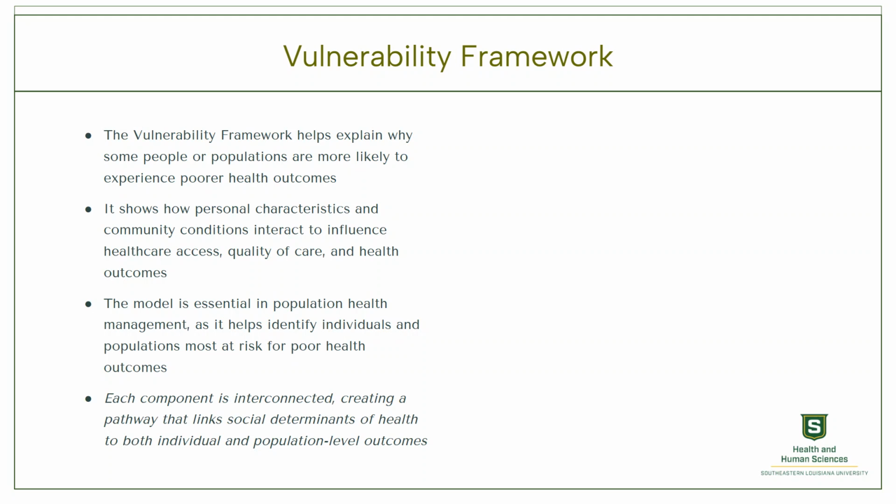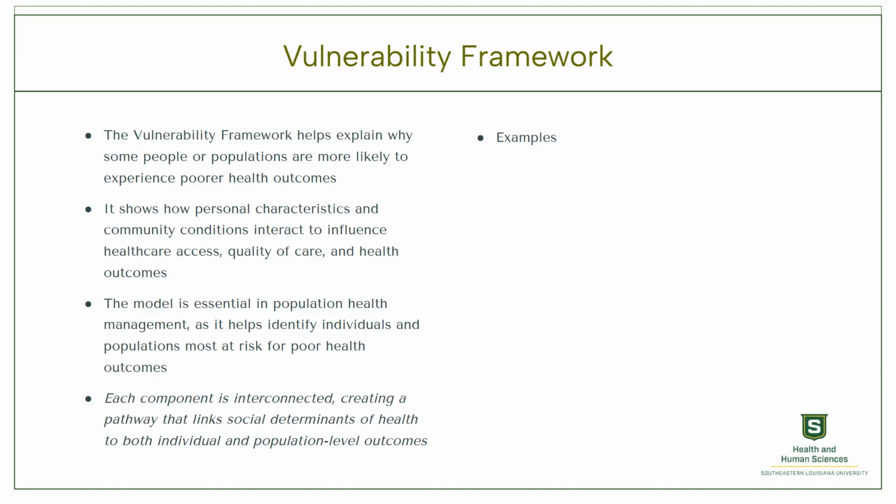You may have noticed there's a lot of emphasis on social determinants of health in this course. It is to help you situate in your mind just how much social determinants of health play a role in individual and population health outcomes.